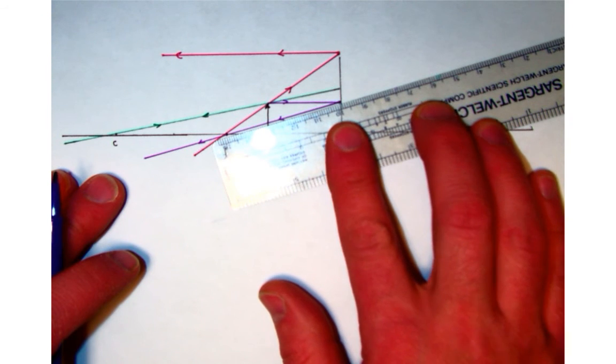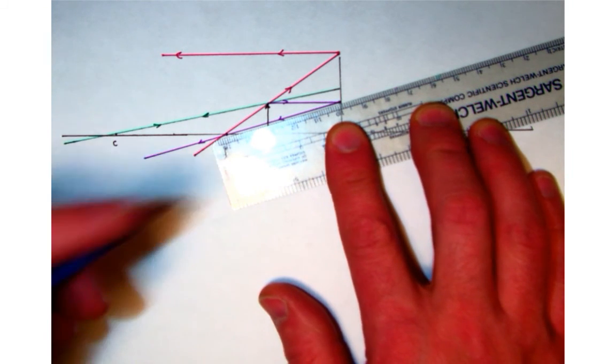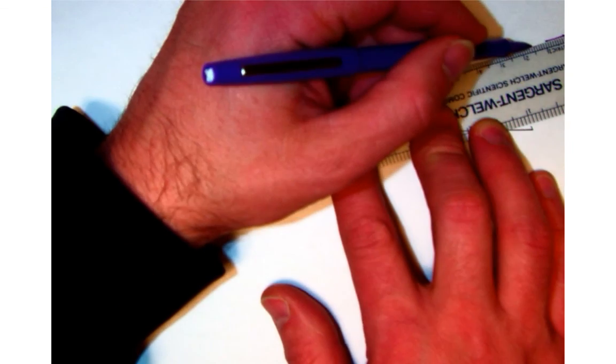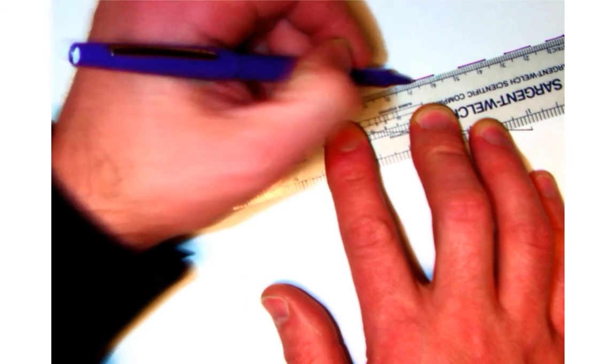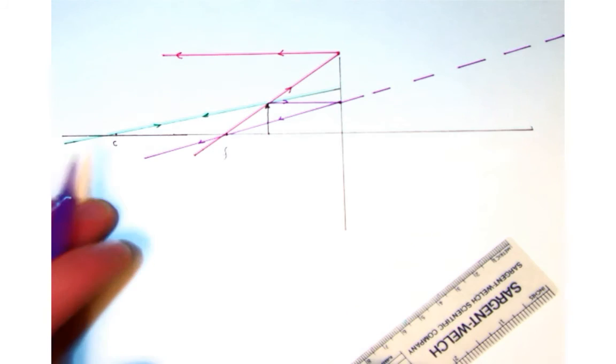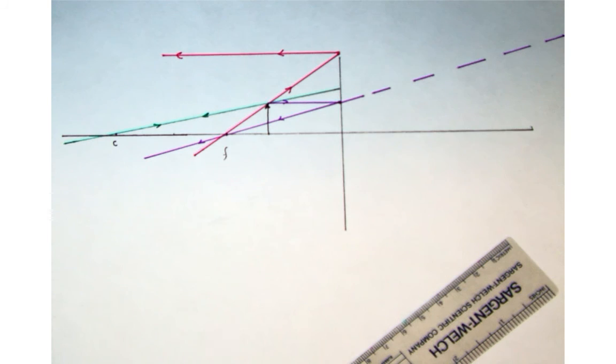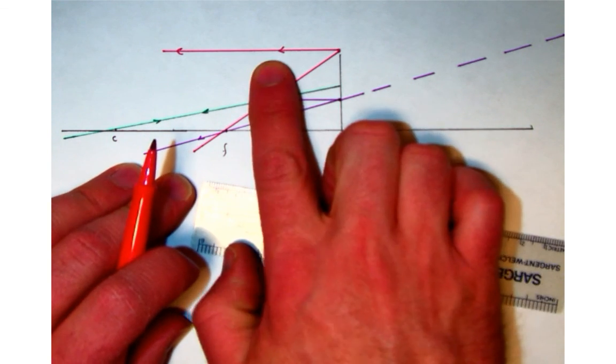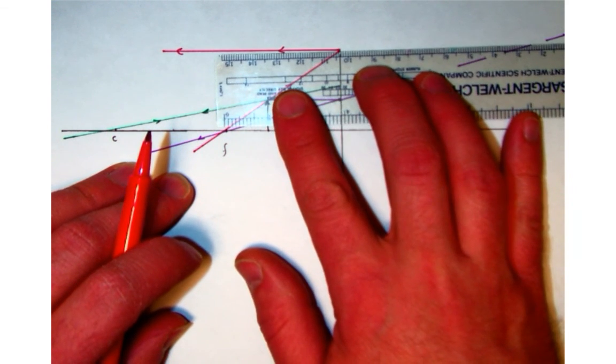So here's the reflected ray from my purple line, and I'm going to just draw a dotted line to show that this isn't a real ray, but nevertheless, that's what our eye perceives it as coming from. The red ray, this is my reflected ray up here, so I'm going to extend that one back.